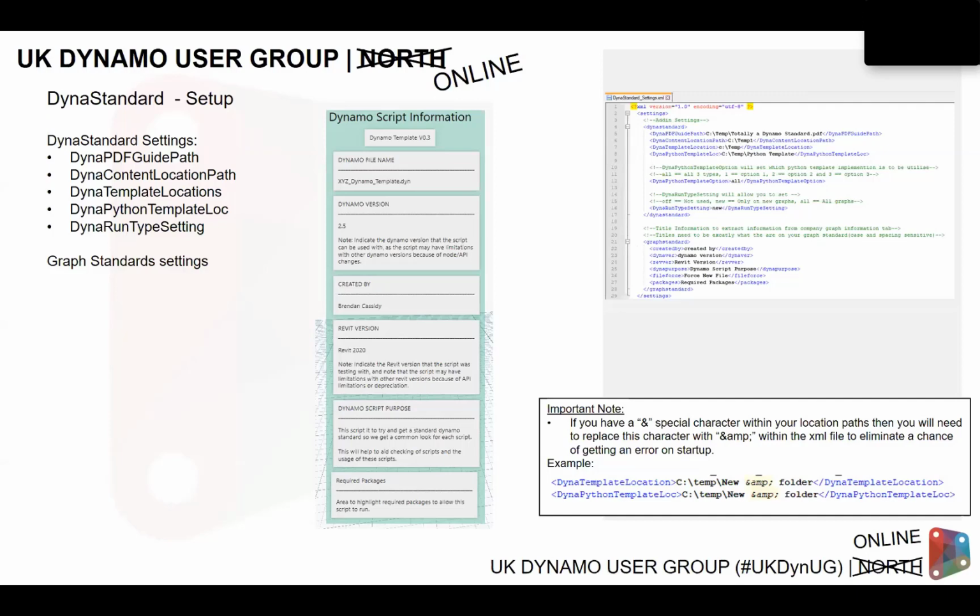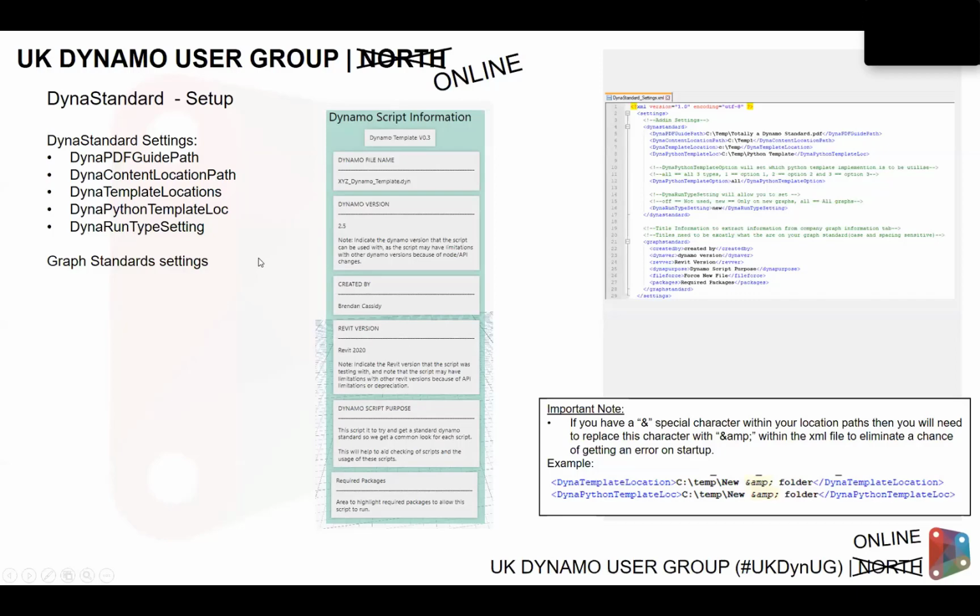The main sections are your PDF location that you'll need, where all your content is if you have it in a central location, where your templates are, where your Python templates are, if you have any, and there's a setting that you need to change.